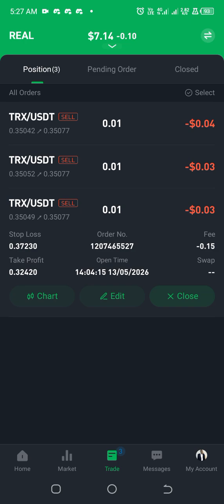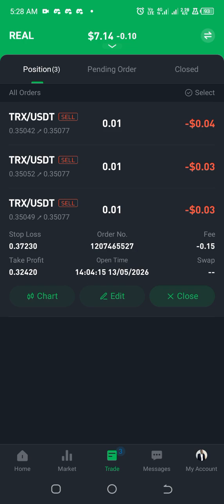If this trade doesn't go in my favor, for the first profit target I lose about $2 or so. For the second one, just about the same thing, the same stop loss for all of them. If the trades don't go in my favor, I'll lose about $2 on each of them. So that's about $6 plus out of this $7 I have on this account right now.